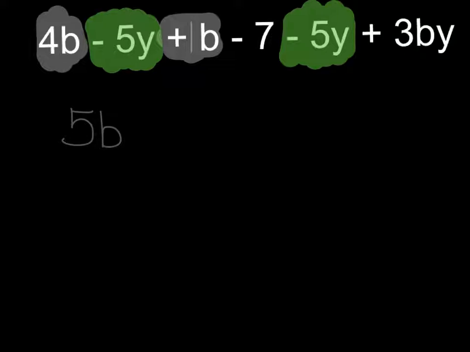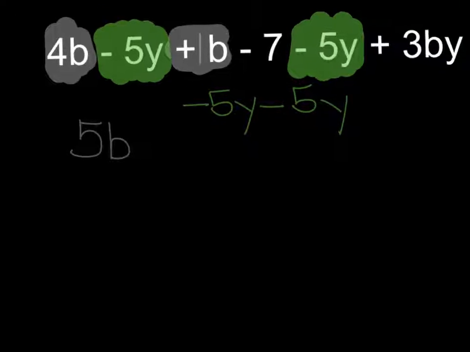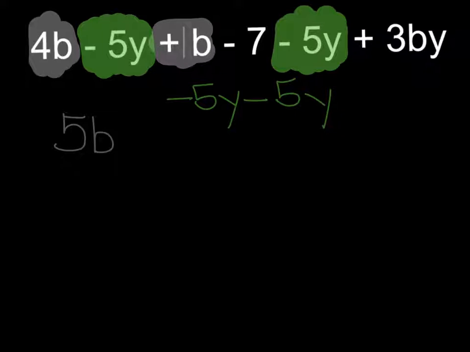So we're going to ask ourselves, what is negative 5y minus 5y? Or you can think of it like, let me move this, let's do negative 5y, change the sign, add a line, negative 5y plus a negative 5y.